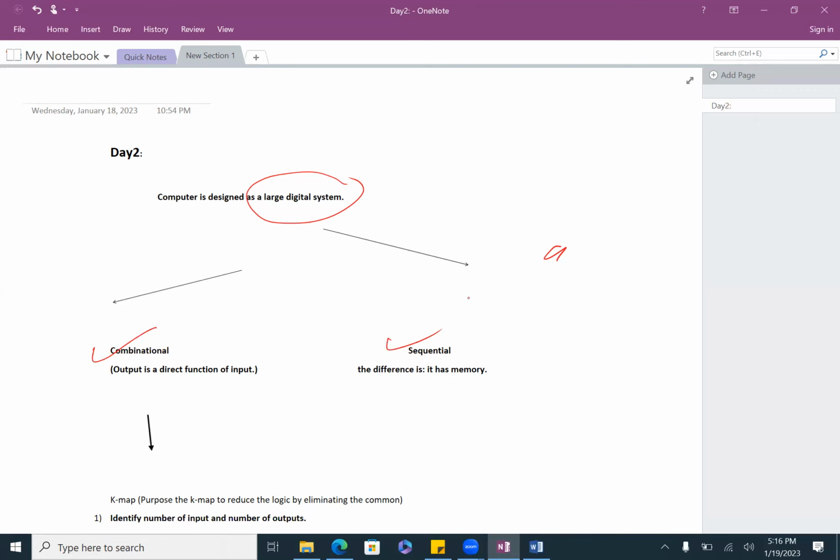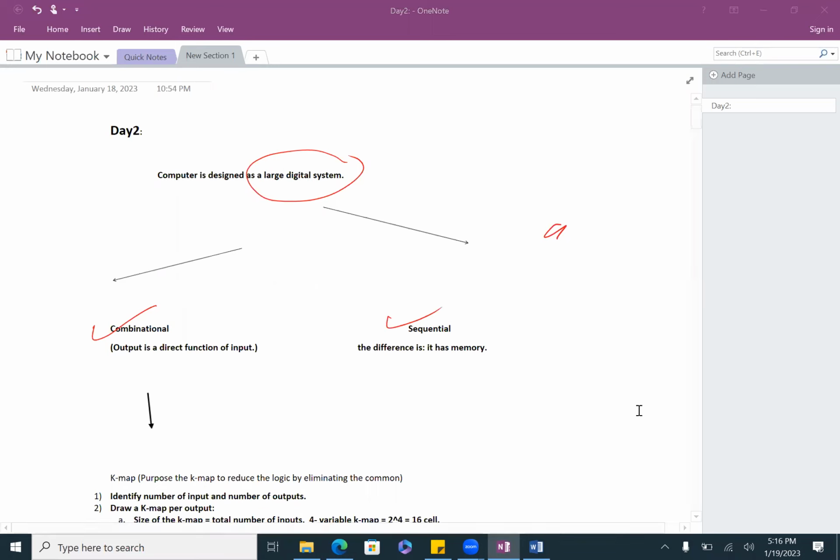To build a computer. So we will go over combinational circuit digital design. However, we will fit that in our course. We'll explain digital design, but we will tweak it toward our course, not just digital design. We'll learn digital design, then apply that to this course.